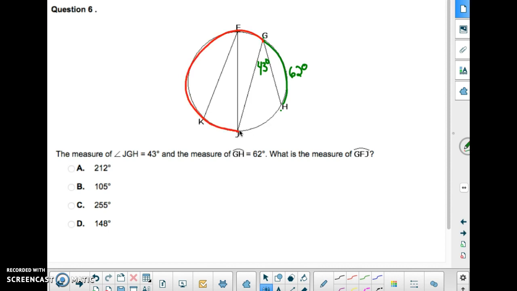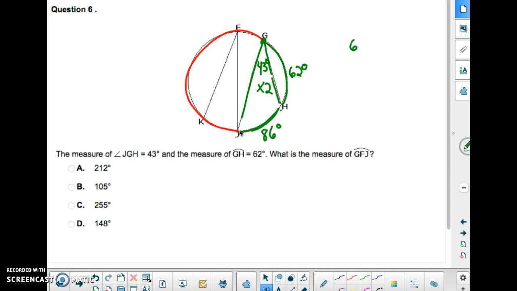Well, it's not nearly as bad as you might think it is, because I know that when I have an inscribed angle, that's this one here, because the vertex is right on the circle, to get the measure of the intercepted arc, I just have to double that. So that's 86 degrees.